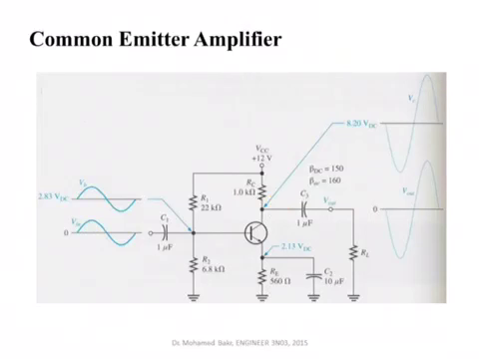Then you get a 180 degrees phase shift between the signal applied at the input and the amplified signal at the output as a result of this mechanism. So we know that the common emitter amplifier will amplify the signal, but it will also add a 180 degrees phase shift, as was the case in the common source amplifier.